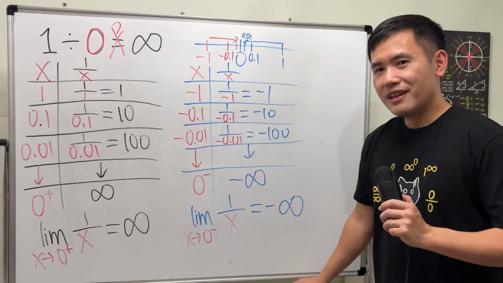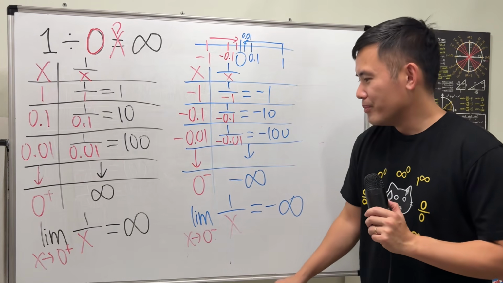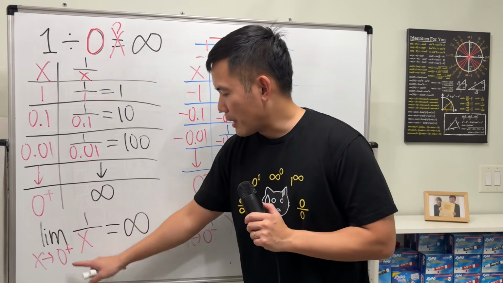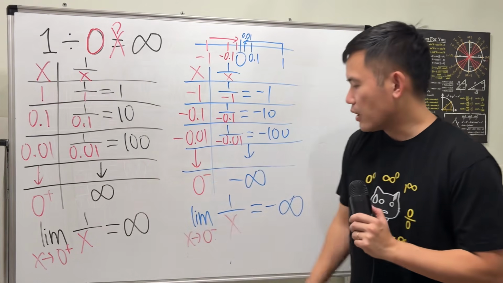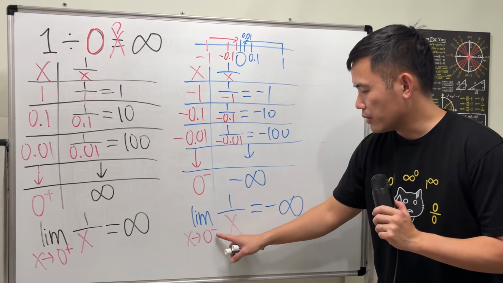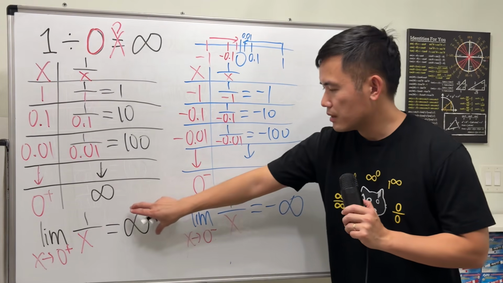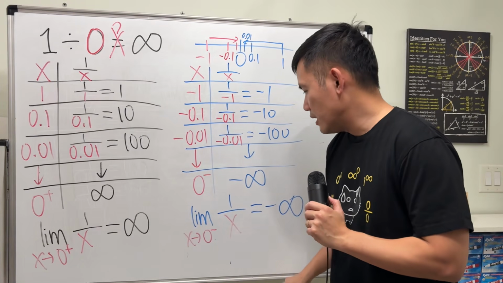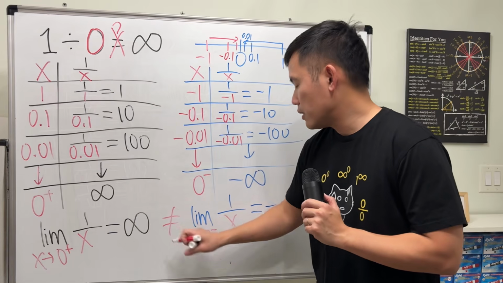Okay, here is like the picky part though, because unfortunately, when x is going towards 0 from the positive direction, this result, it's not the same result as x going to 0 from the negative direction. Because this is positive infinity, that's negative infinity, so they are not equal.